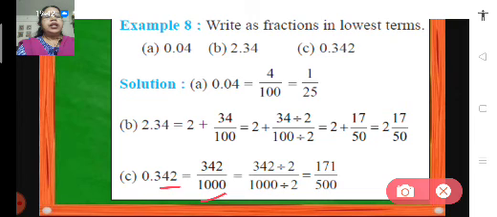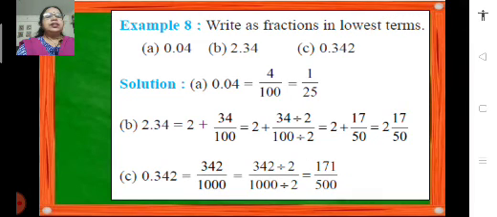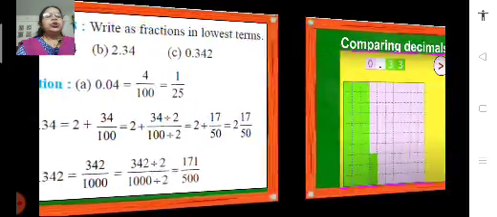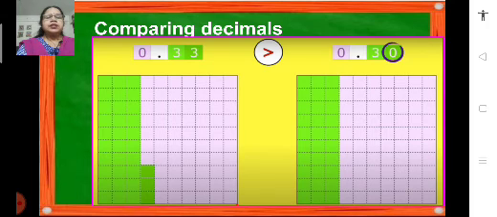Now changing this fraction into its lowest term. For this we divide both by the common factor 2. So what do we get? We get 171 upon 500. So this is how we turn the decimals into the fractions with lowest terms.